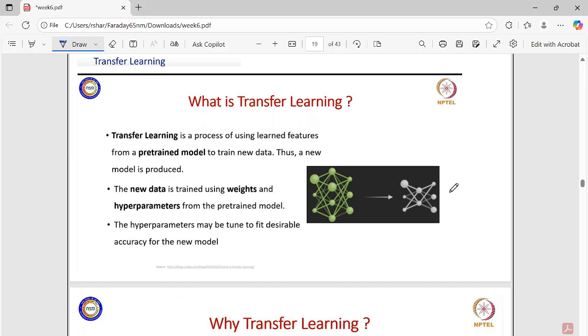Or use BERT pre-trained on large text for sentiment analysis on movie reviews. Or use an object detection model for a custom detection task. The benefit is lesser training time and lesser data required for the newer task, and this often leads to better accuracy with a smaller dataset.